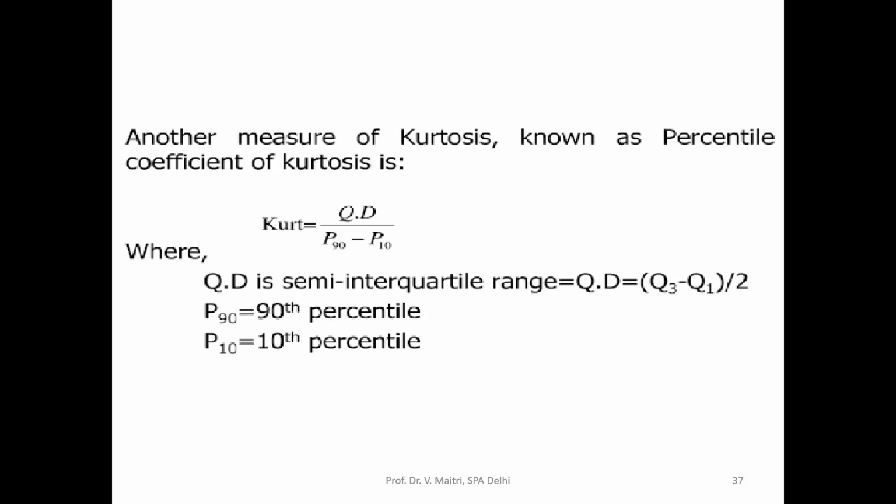And P90 is the 90th percentile, and P10 is the 10th percentile. So by using this formula, again we can find out the kurtosis. Actually, this we can see also by the graph, but to know how much the difference is, we have to find out the numerical value also.